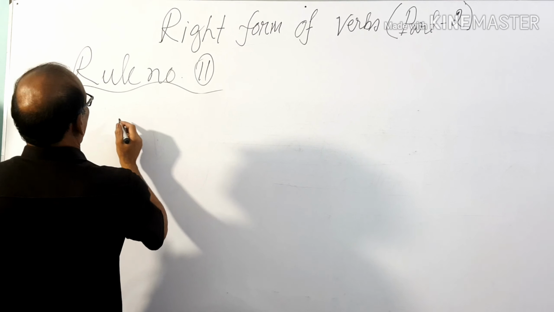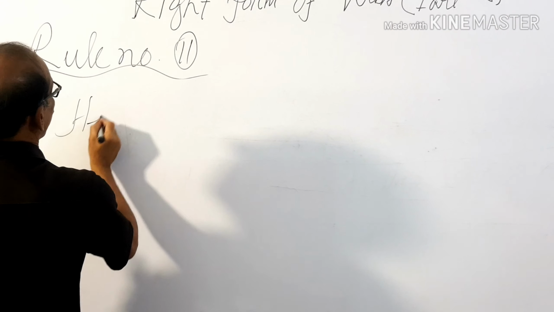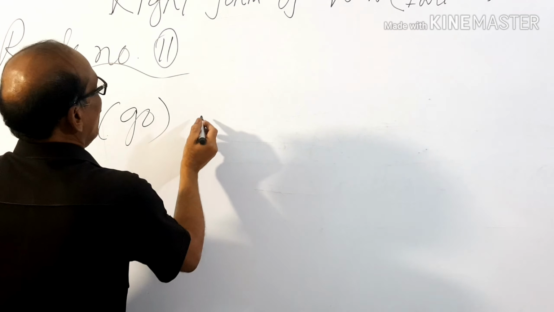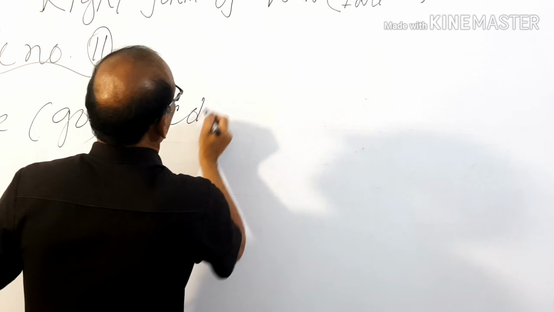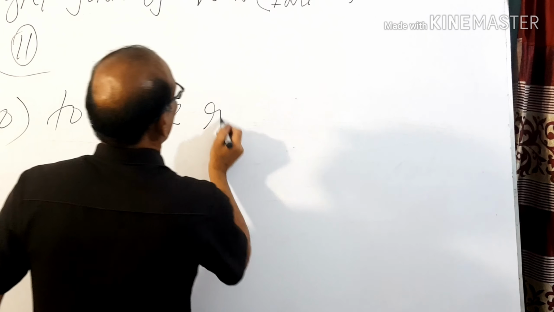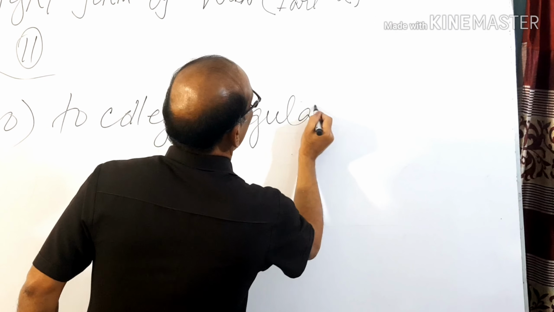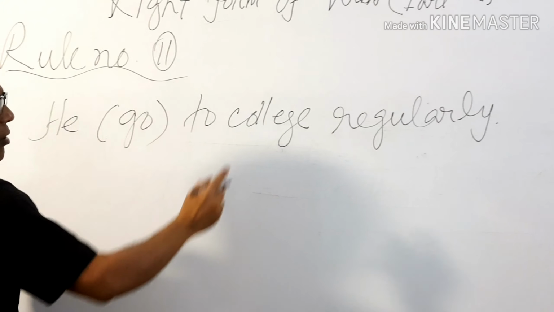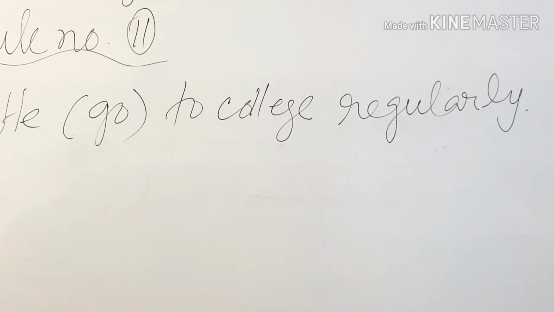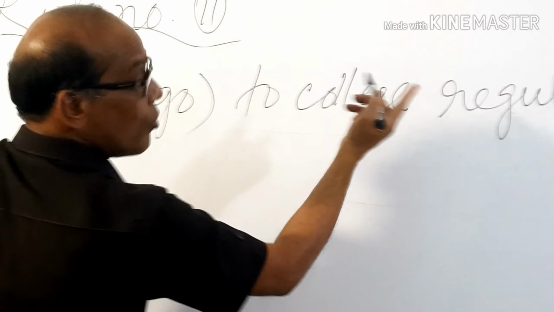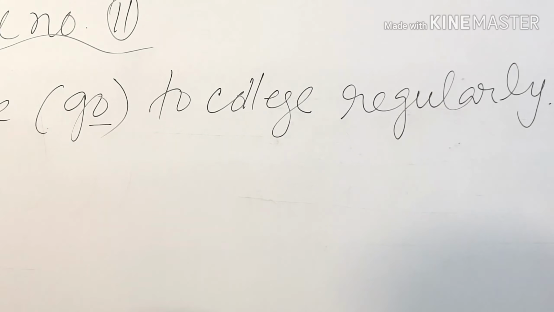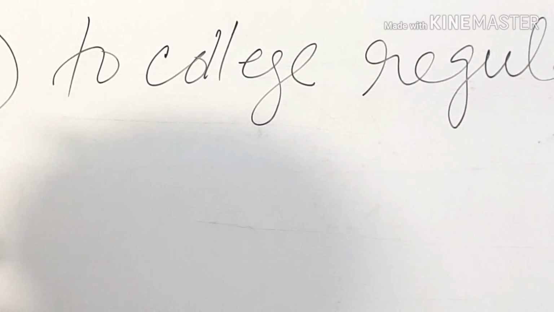Suppose, very ordinary example, he, within the bracket, go to college, regularly. Here, regularly also indicates present indefinite tense. Here, according to the rules, we see O. For that reason, we will have to add es.